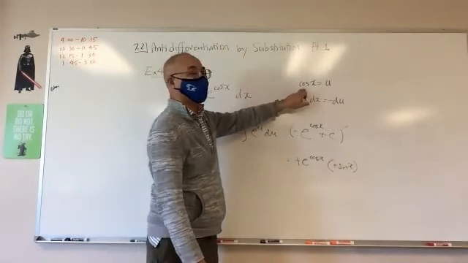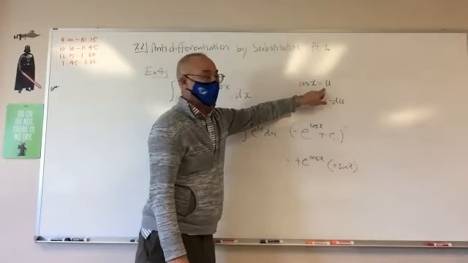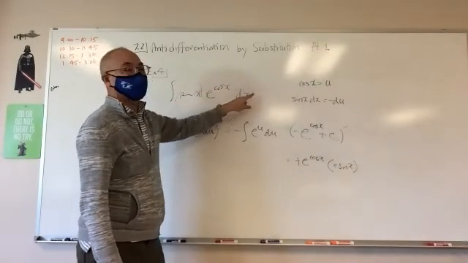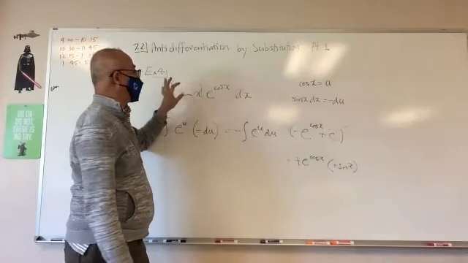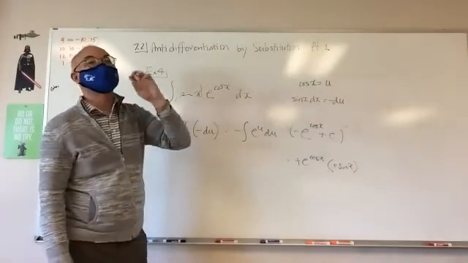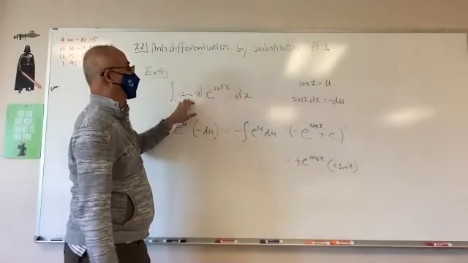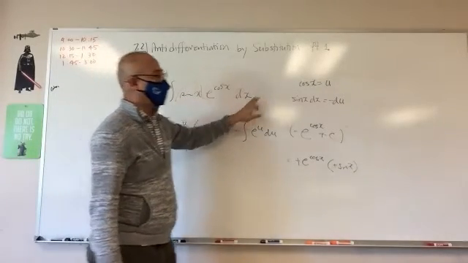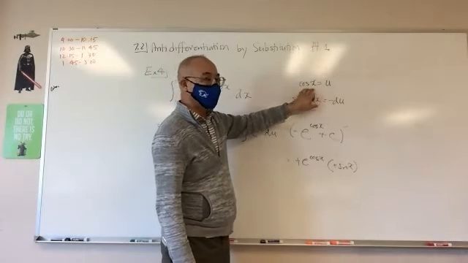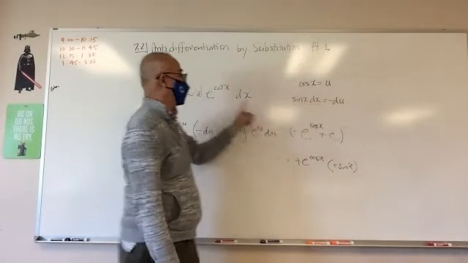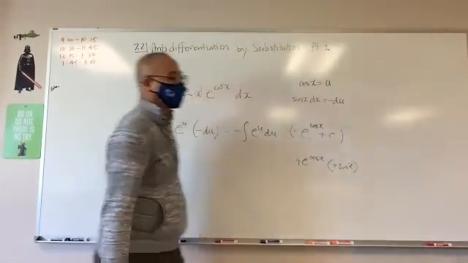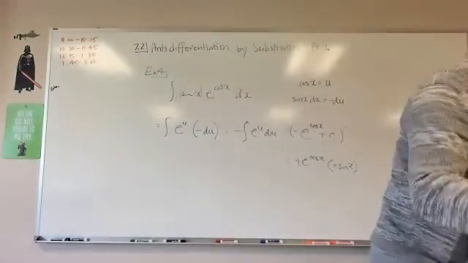The reason why I put this as u is not necessarily because it's here, but because of this, the sine x dx, right? So in other words, to get that, I have to find what, when I differentiate it, gets me sine x dx. And that would have been cosine x, right? Because when I take the derivative of this, this is where I get this, which allows me to get rid of this, right? Again, there's a lot of stuff going on here, right?